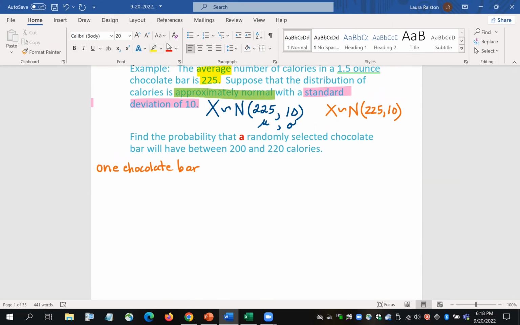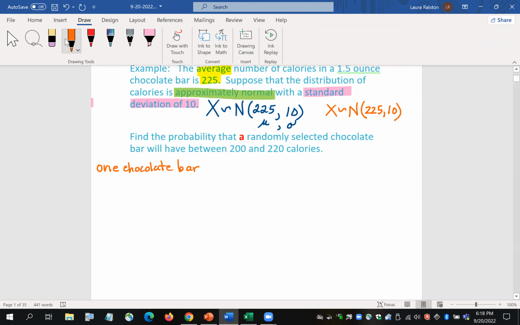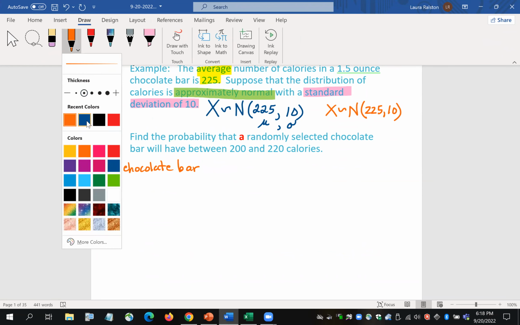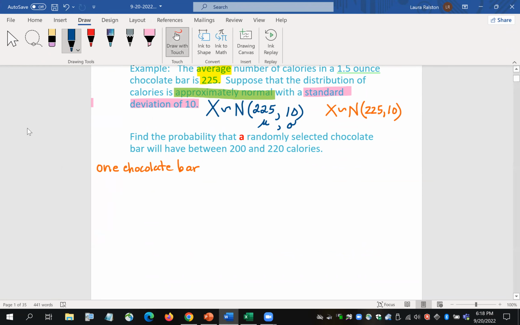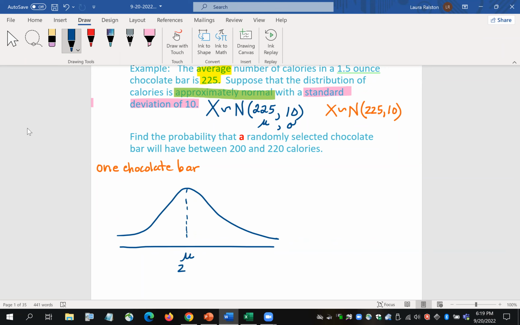So I know from the scenario that I have a normal distribution. So I'm going to draw my horizontal axis, my bell-shaped curve. I'm going to label the mean, which is the measure of center, and is given to me as 225. My points of interest are 200 and 220.